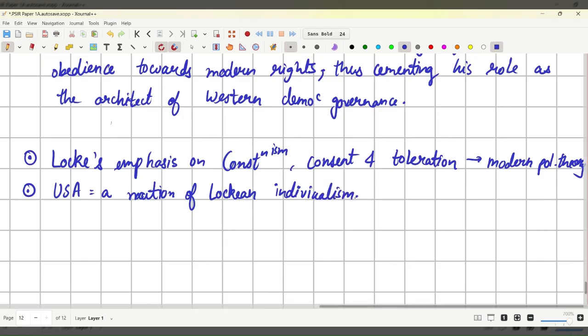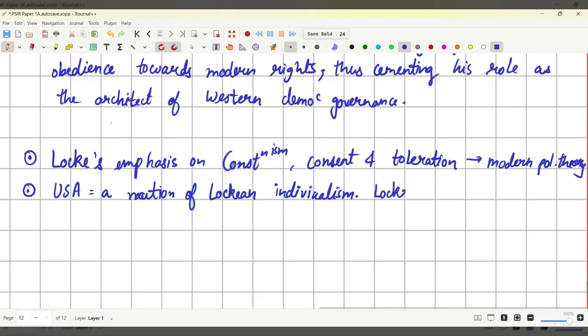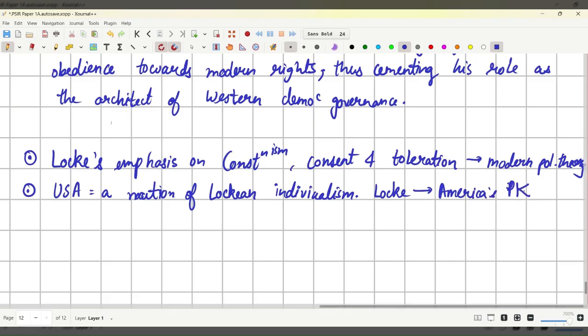So you can associate Locke as America's philosopher king.